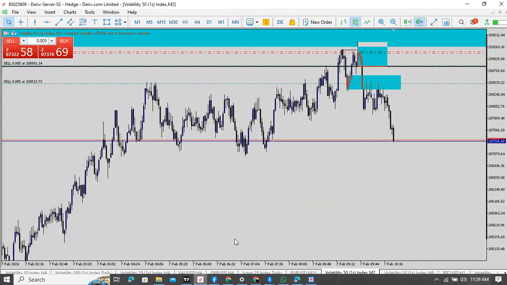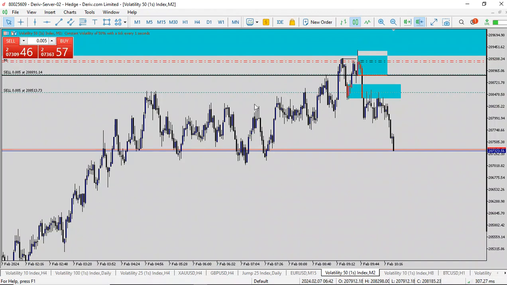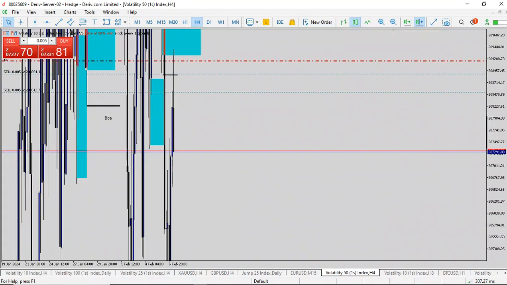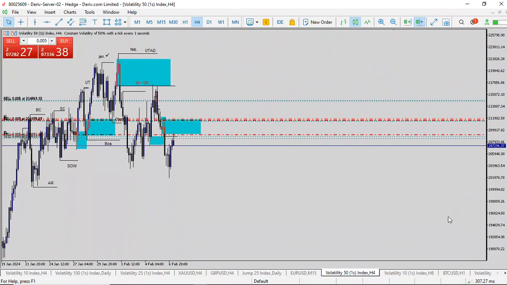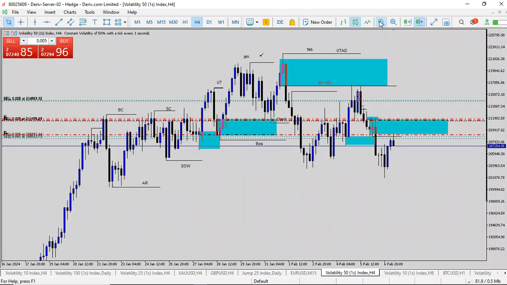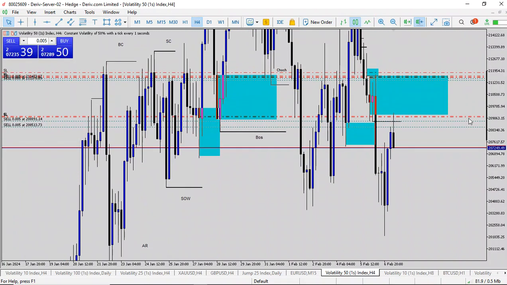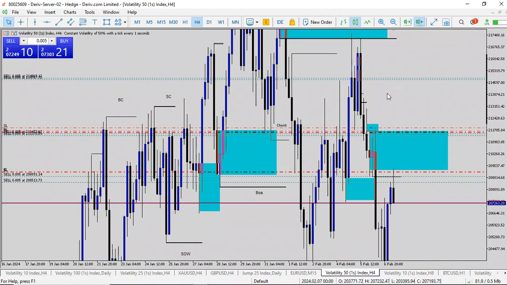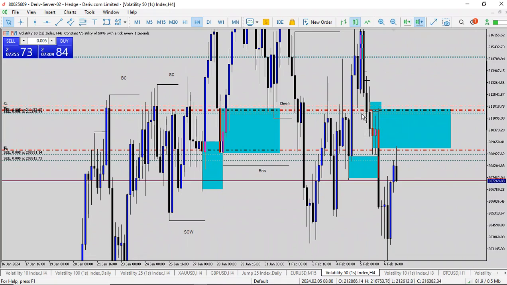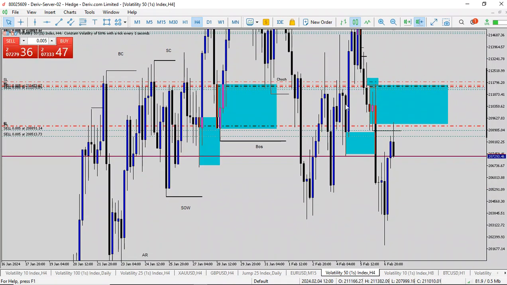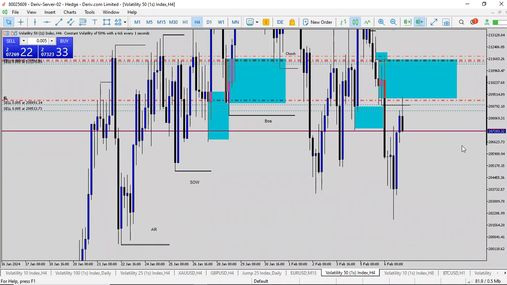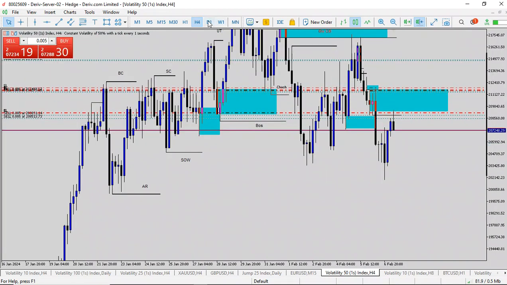Then I had another entry again right here, and my previous entries, still holding on it, and most of you guys know that I am a swing trader. I had two positions right here, and then an extra two positions right here, and then another extra two positions right here. So I'm stacking them up.